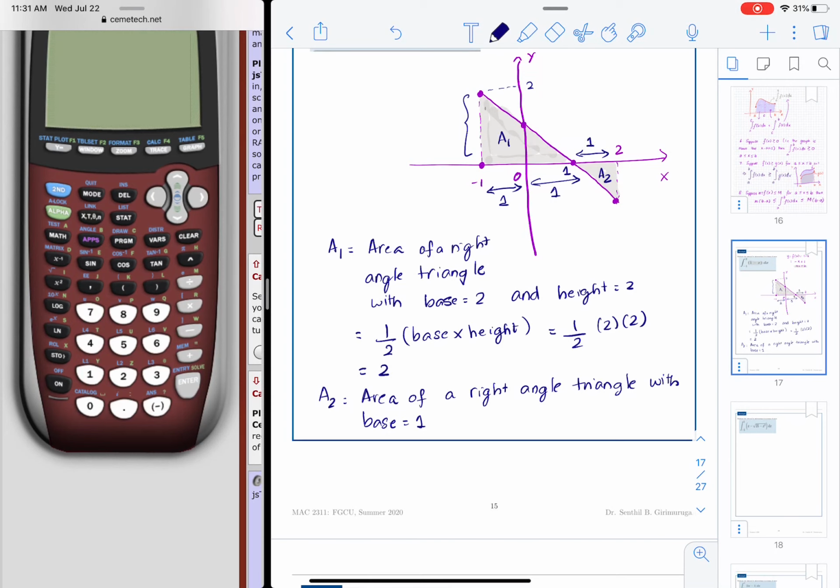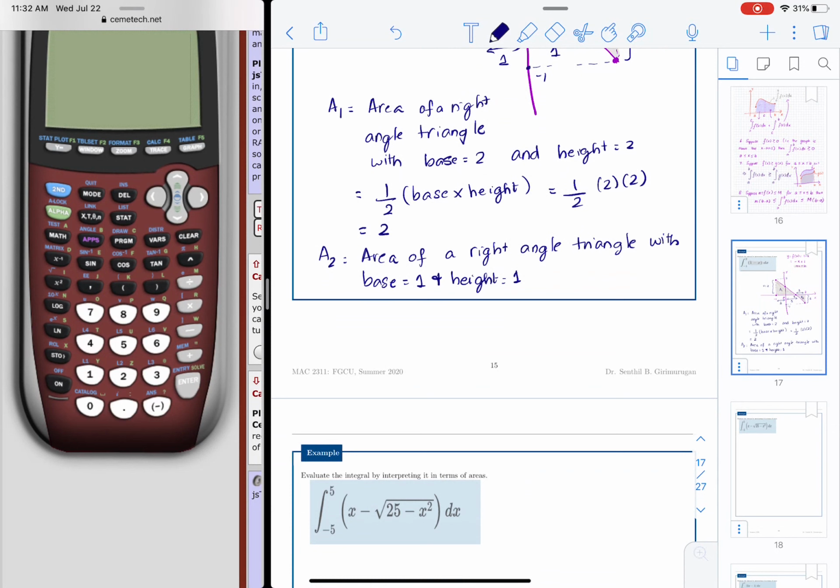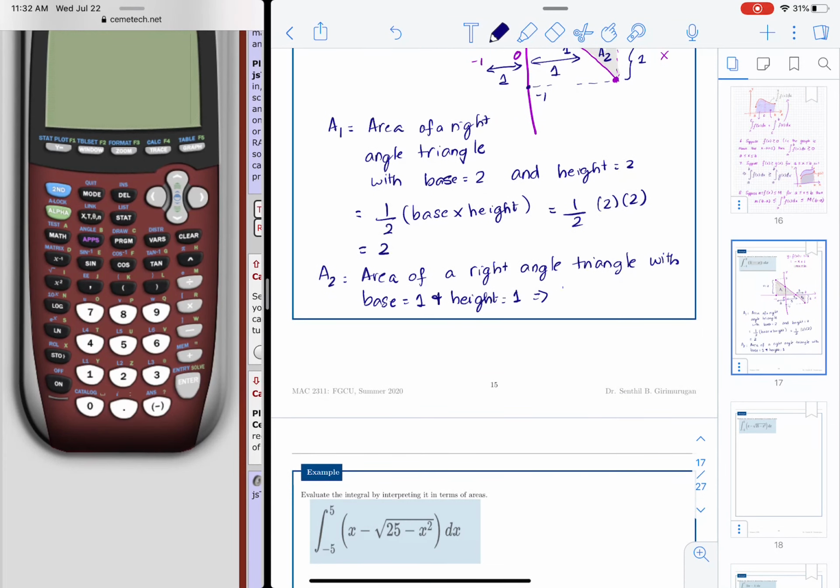And height, since that is minus 1, height is 1. Using the same formula, we have A2 is 1/2 times 1 times 1, which would give us 1/2.